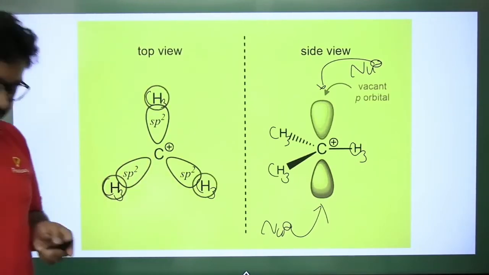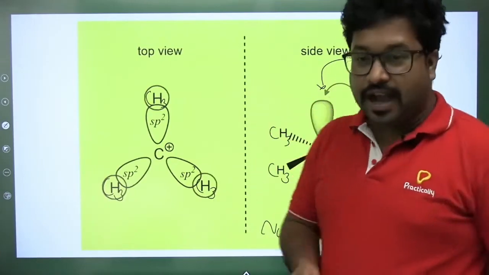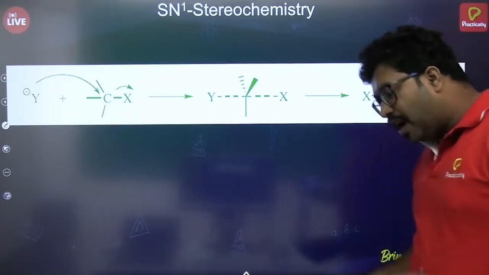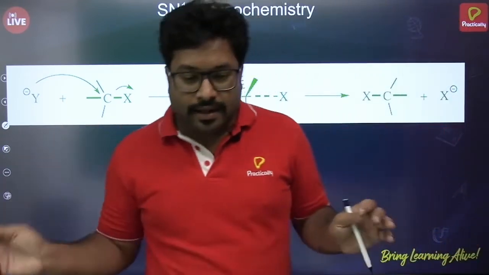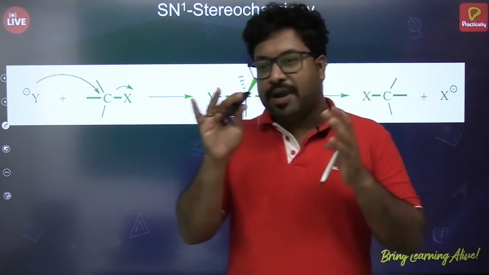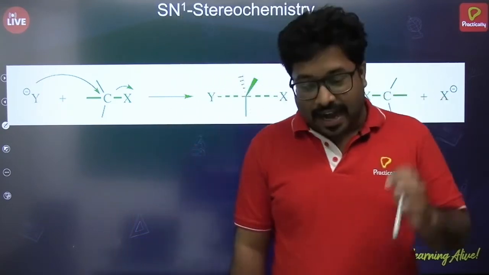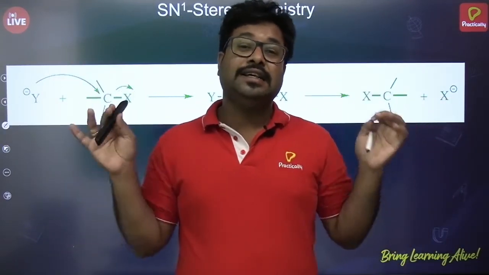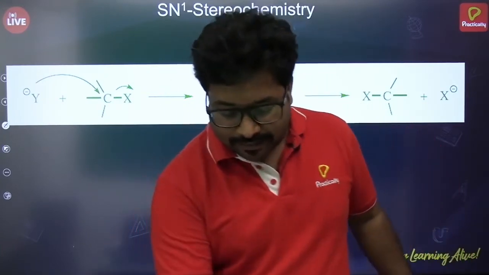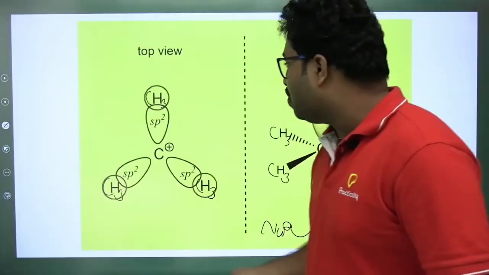Okay. Sure. Moving ahead now. See, now that you are clear how the carbocation actually forms, what species the reaction is dependent on, and where the nucleophile attacks, now let's see the stereochemistry. Now see, let me take you a little bit backward.